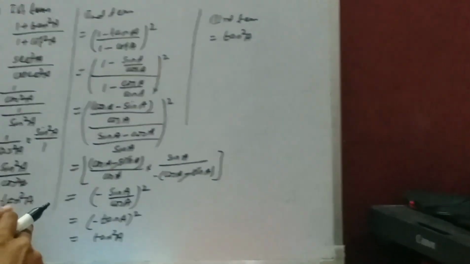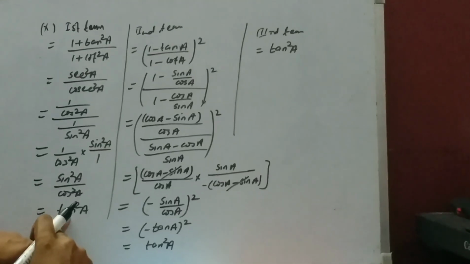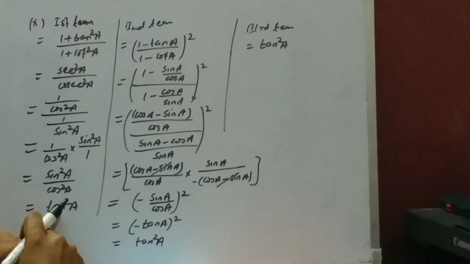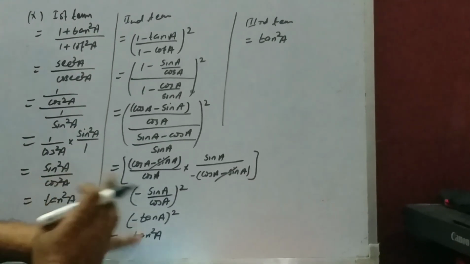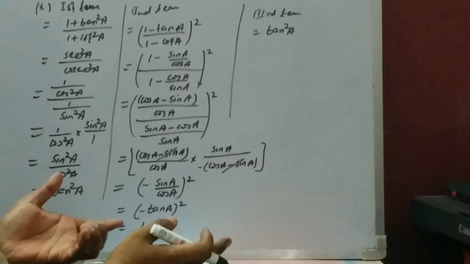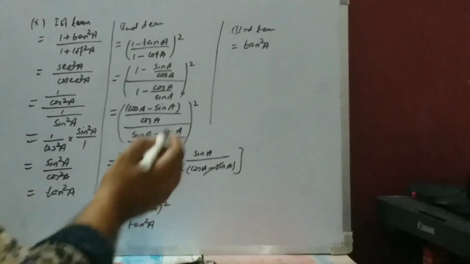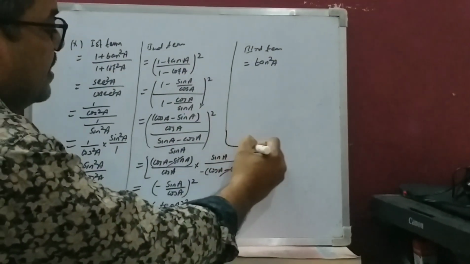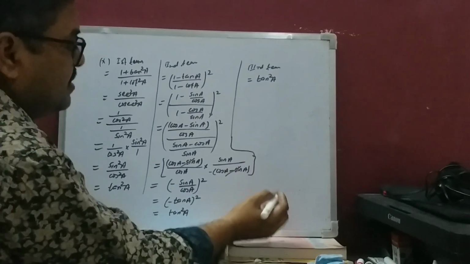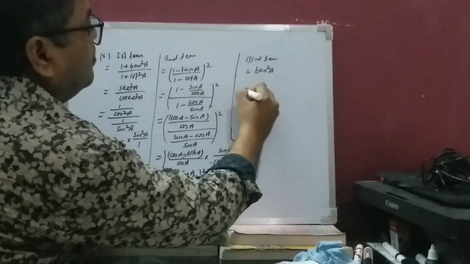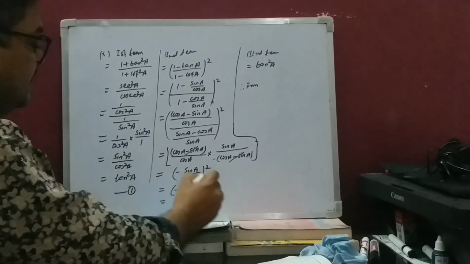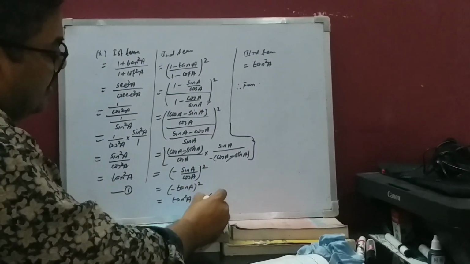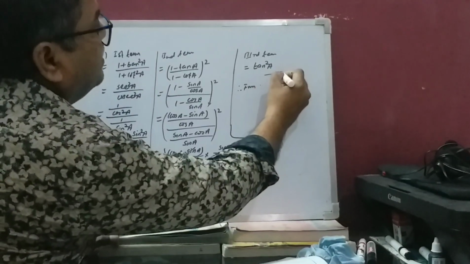So from these 3 results, first term simplified into tan square A, second term is also simplified into tan square A, and third term is already tan square A. So we will say that the given statement is correct. This is result number 1, this is result number 2, and this is result number 3.